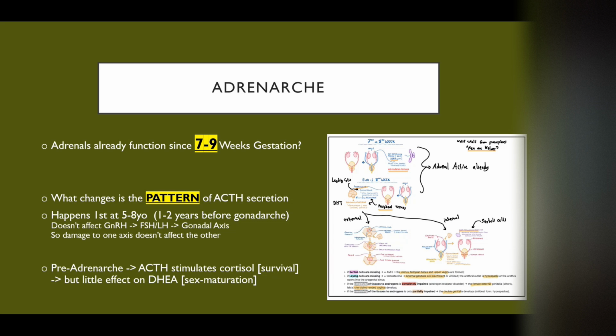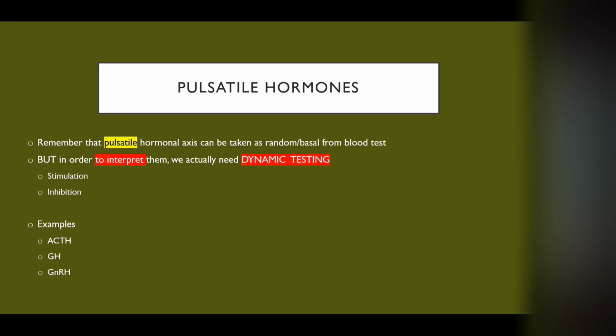So we said for pre-adrenals, the ACTH stimulates cortisol, that's your survival, okay? But not your sex maturation, your dihydroepiandrosterone. We said about dynamic testing, pulsatile, examples: ACTH, growth hormone, GnRH. These three things are our axes for puberty. We need dynamic testing, okay?